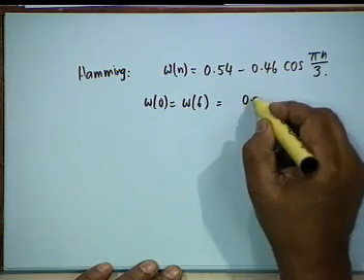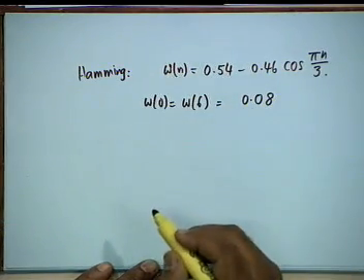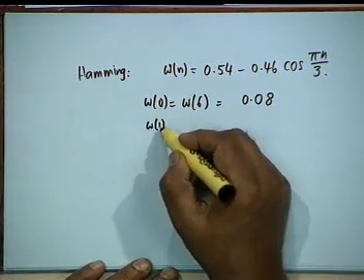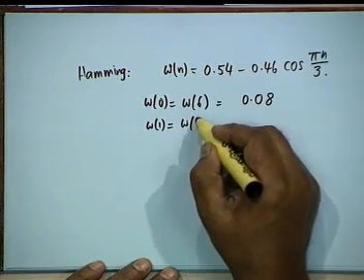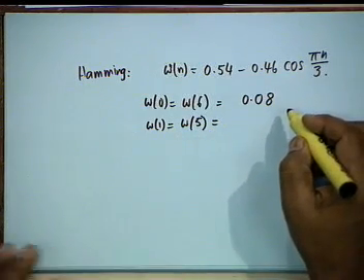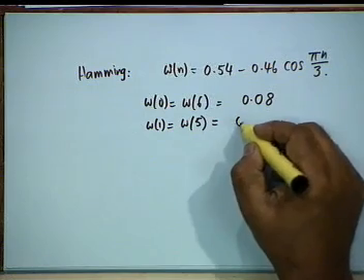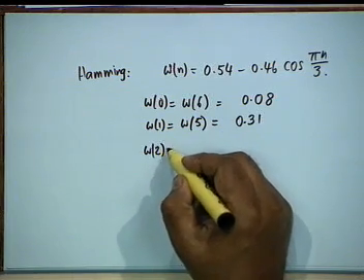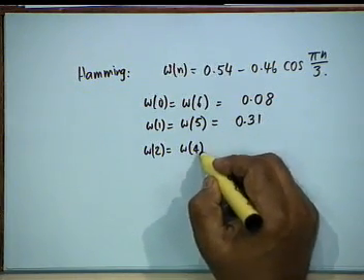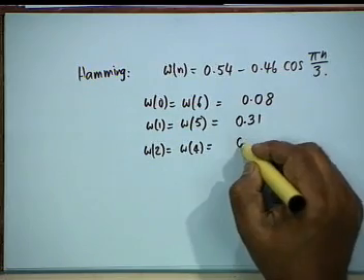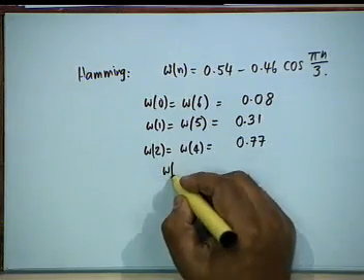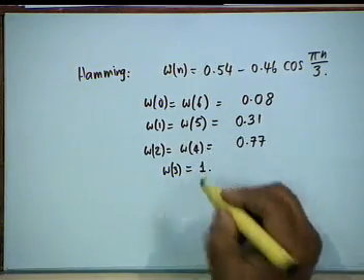This would be 0.08. The end value shall be 0.08. Then W1 equal to W5 is equal to 0.31. W2 is equal to W4 is equal to 0.77. W3 is equal to 1.